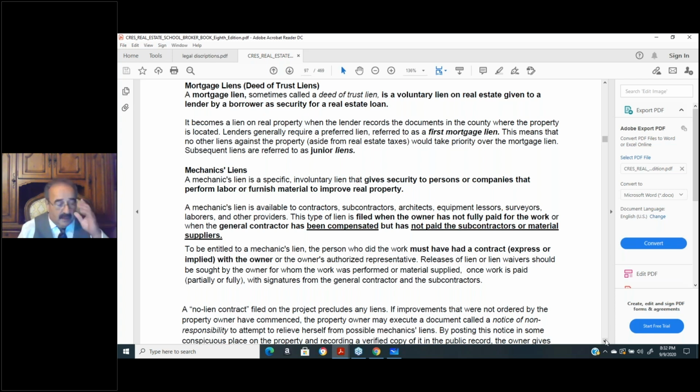Now, I took my car into my mechanic to get fixed. My mechanic fixed my car and I did not pay him and I took my car back. Can my mechanic file a mechanics lien against me? It sounds like a state exam question. I'm going to give it to you again. I took my car into my mechanic to get my car fixed, and he fixed my car and I took my car back and I did not pay my mechanic for fixing the car.